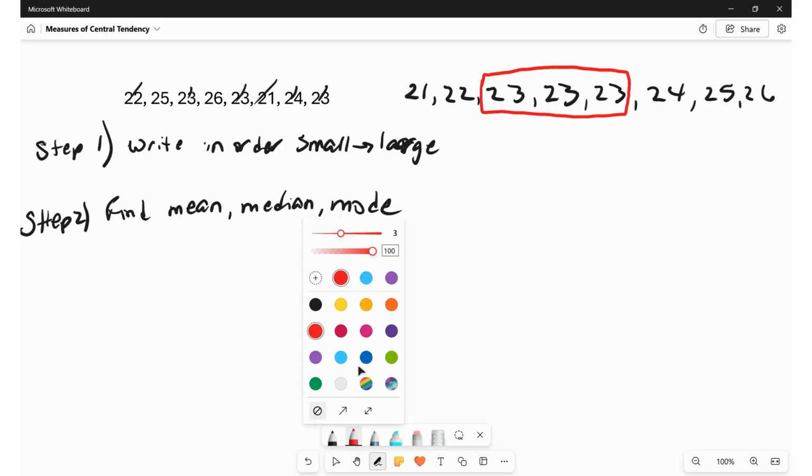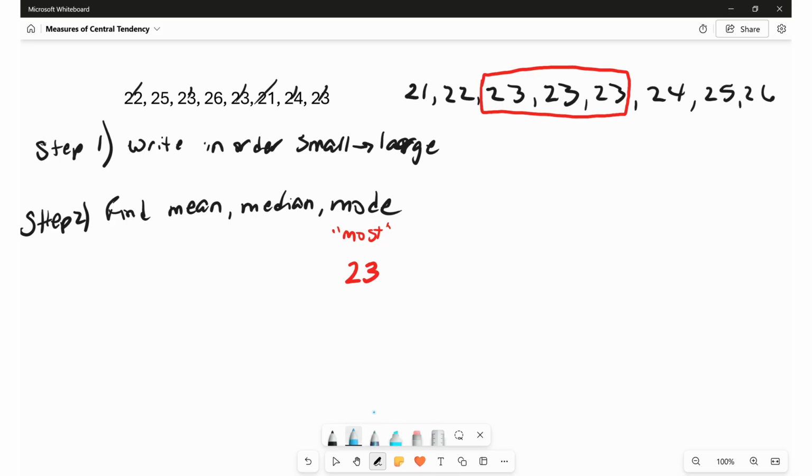Now, if we want to find the median, we need to find the middle. To find the middle, I eliminate those. Then I eliminate these. See how I'm doing matching pairs on either side.